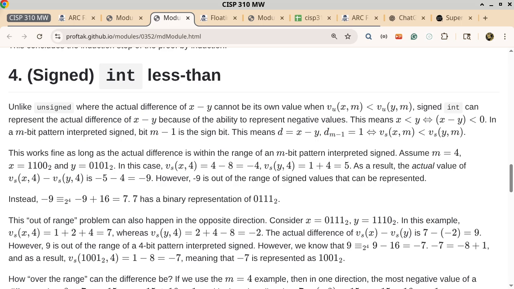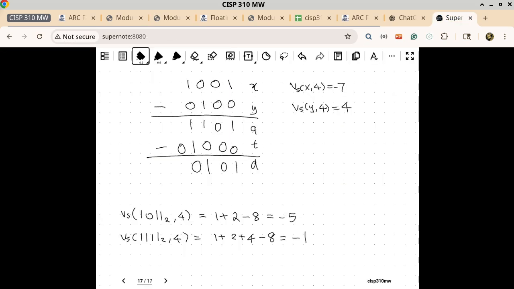Okay, but I used the word should, which means it doesn't work all the time, which is also what the super note is illustrating right here. In this case, we know for sure that vs of x4 is less than vs of y4, because -7 is less than 4.